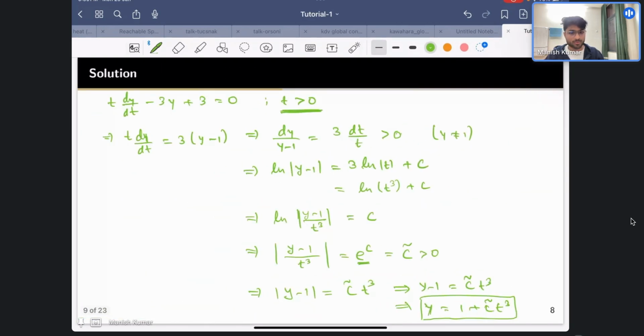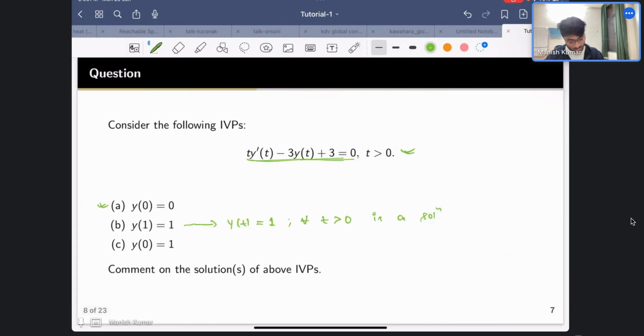I hope everyone got his point, what he was trying to say: I have to assume that y is not equal to 1 to make all these calculations sensible. So what I was saying earlier, that it has a unique solution, now I cannot guarantee.